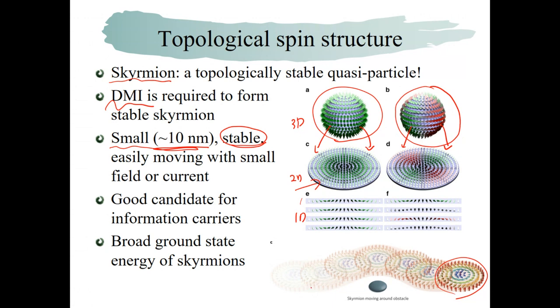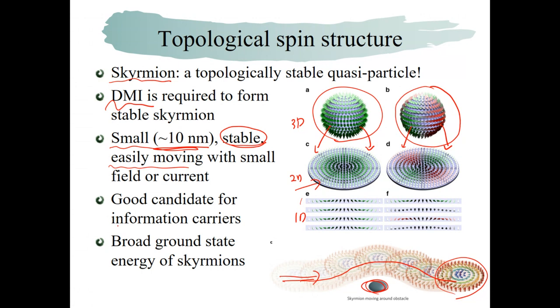So a small deformation gives a very flat potential change. So when they are moving, if we have some kind of obstacles, they are not pinned. They just bypass the obstacles. So they can be easily moved with a small field or current.